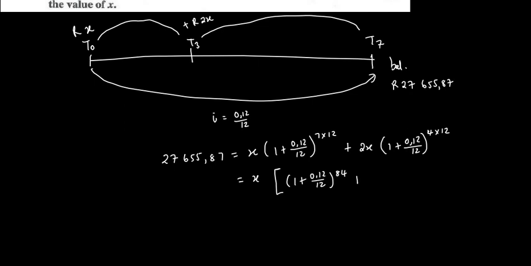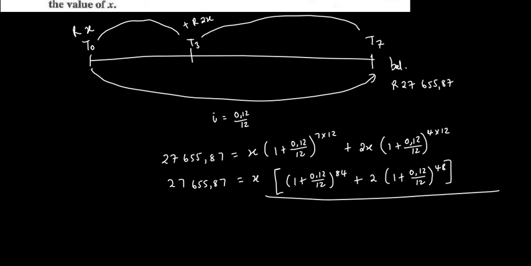And then here you're going to have plus 2 into 1 plus 0.12 divided by 12, to the power of 48. Then you have 27,655.87. Then you're going to put this in your calculator, good people, right?